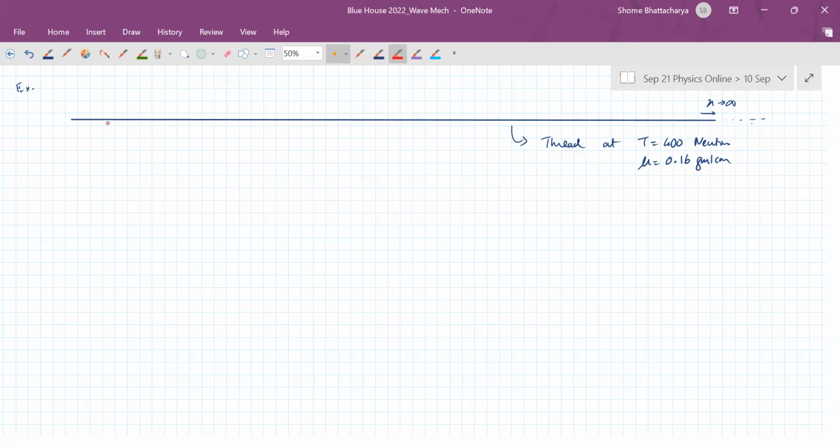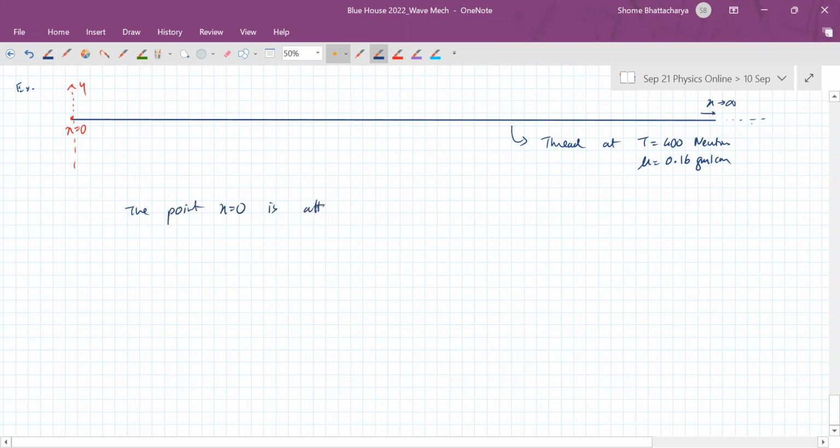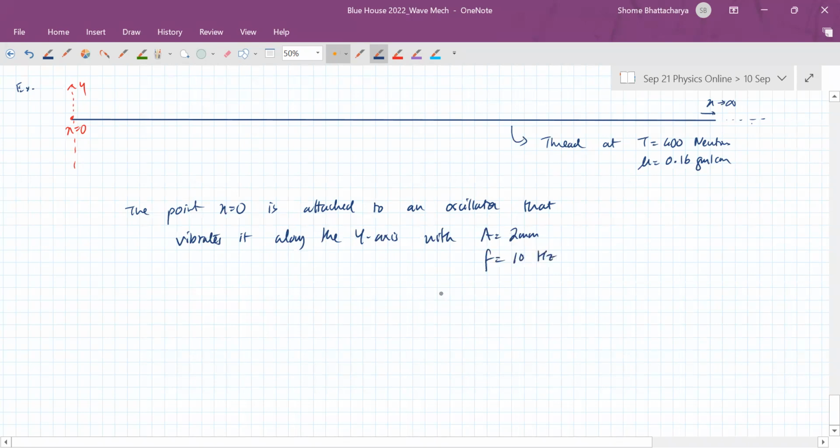Now at x equal to 0, the point x equal to 0 is attached to an oscillator that vibrates it along the y-axis with an amplitude of 2 millimeter, frequency of 10 hertz.